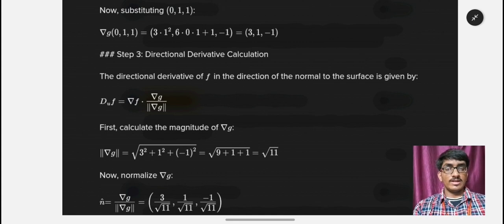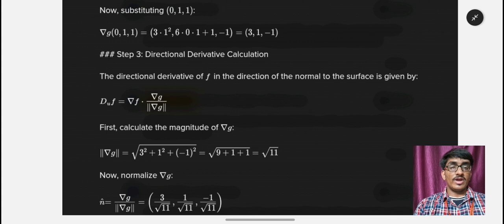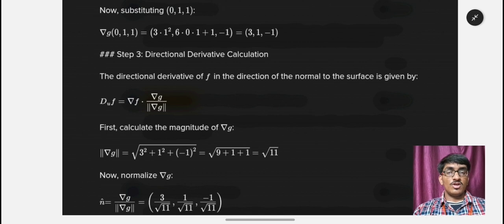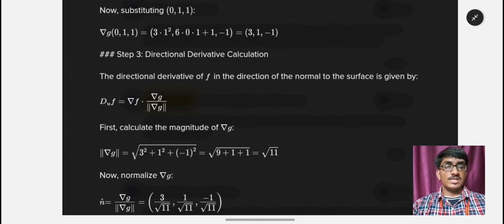First we have to find the magnitude of del g. Del g is 3, 1, minus 1. To find the magnitude, we square each component, add them, and take the root. That gives 3 squared is 9, 1 squared is 1, minus 1 squared is 1, all under the square root. We get the magnitude of del g equal to root 11.